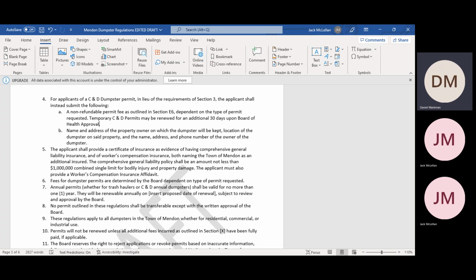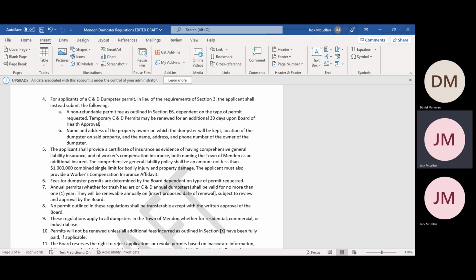Okay, so it sounds like what you would want then is kind of a fusion of the two models, where if somebody's getting a dumpster permit for anything, C and D or otherwise, then if they want it to be temporary, hold on, no, maybe I'm misunderstanding. For individual dumpsters, you want to have a separate kind of permit that's temporary.